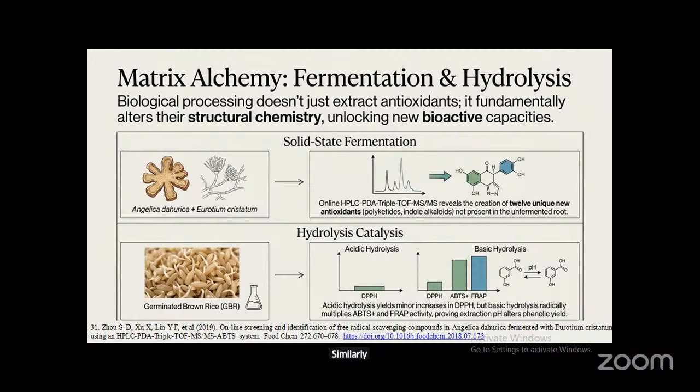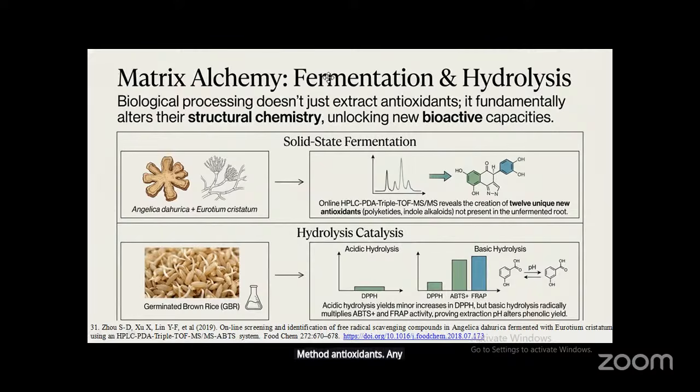Similarly, hydrolysis. Brown rice is well known in present days. Take germinated brown rice and carry out acid hydrolysis as well as basic hydrolysis. Scientists identified that basic hydrolysis gives better antioxidants, as shown by ABTS and FRAP activity, whereas acid hydrolysis yields a minor increase in DPPH antioxidants.